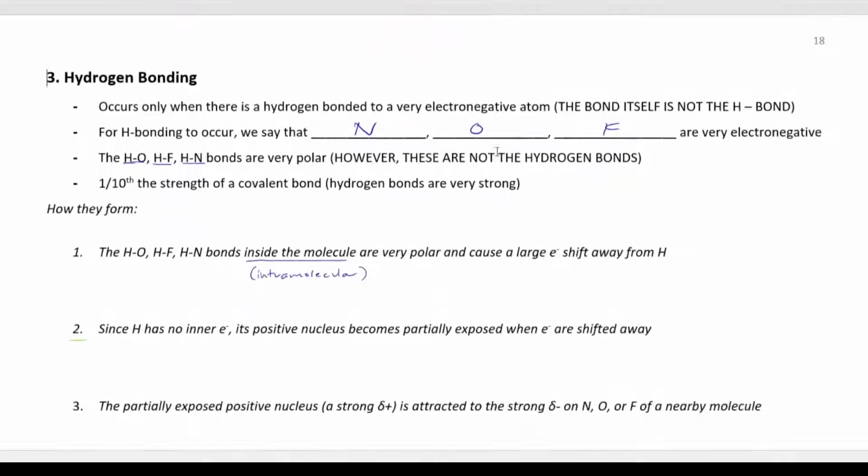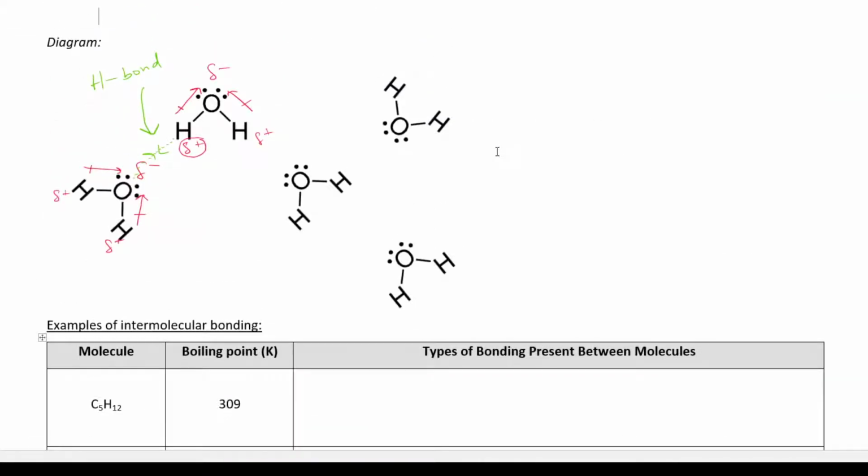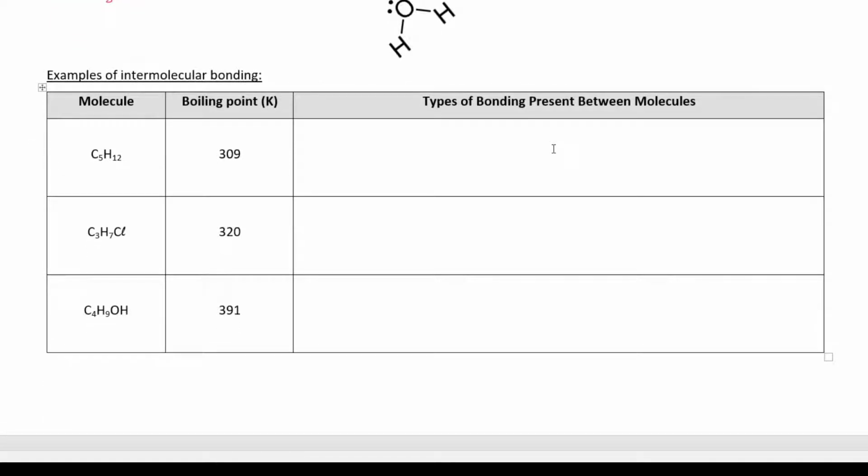So if we look down over here, we have 3 substances and 3 boiling points. These boiling points are given in the Kelvin scale, which is just a different temperature scale that we often use for other temperatures. I'm just going to give them to you in degrees Celsius.